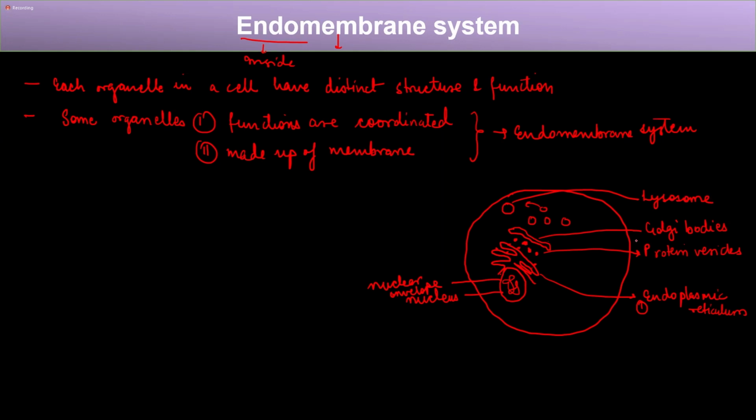So what we can see here is that it can be protein vesicles or lipid vesicles as well, since the smooth endoplasmic reticulum stores lipid. So we saw one structure, the endoplasmic reticulum. The second is vesicles, which can be protein or lipid vesicles. The third body is the Golgi bodies, and the fourth is lysosomes.